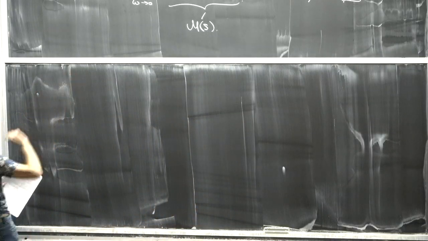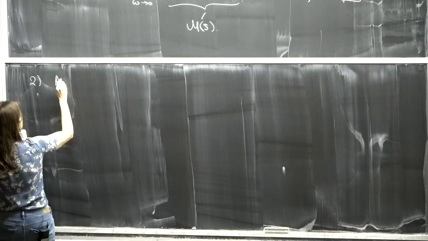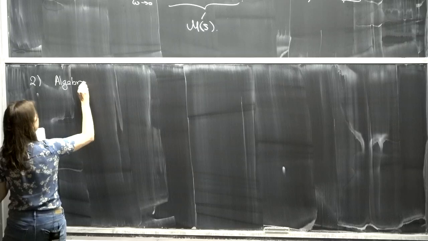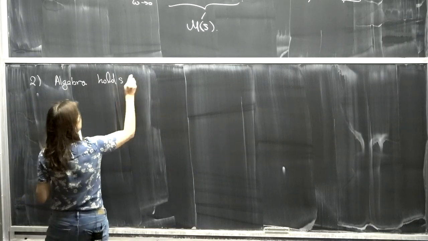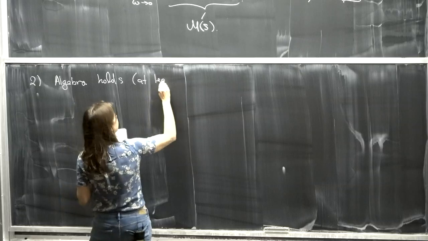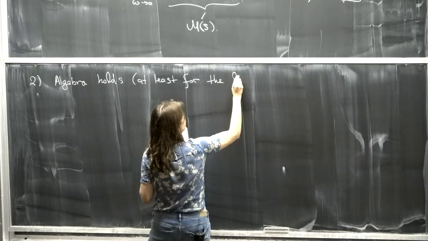So this is one thing that you can deduce from that recursion relation. The other thing that you can deduce is that the algebra from before holds at least for the linearized charges.